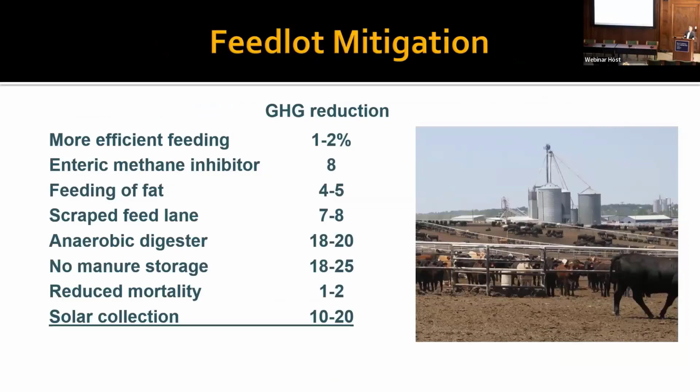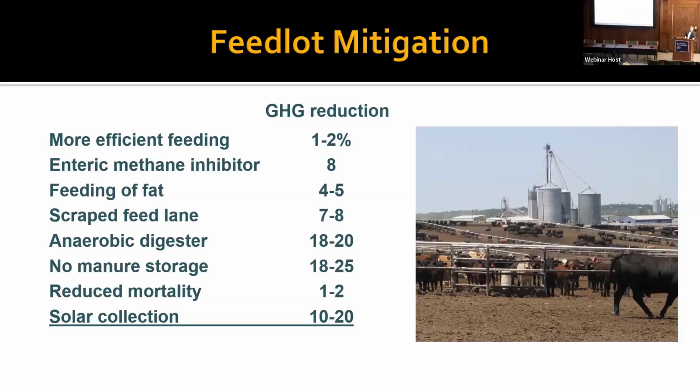What we can do with our model then, these process-based models that I work with are really good at answering these what-if questions. So we're applying a lot of these technologies to, in this case, a feedlot system. Individually, we can get different amounts of reduction, as listed here as percent of the total greenhouse gas emission from the feed yard.